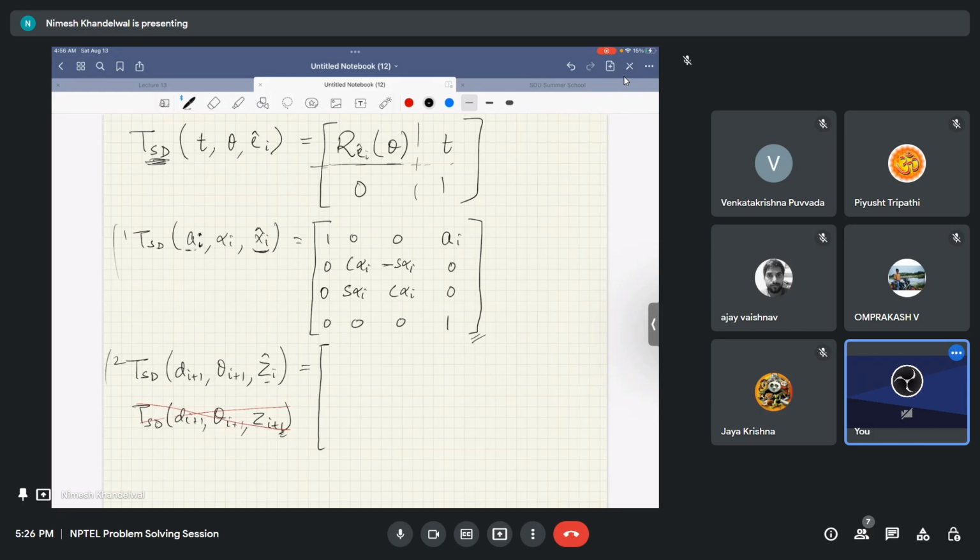So since it is along z, this becomes cos theta I plus 1, minus sin theta, and then cos theta I plus 1, and along z we have d I plus 1.